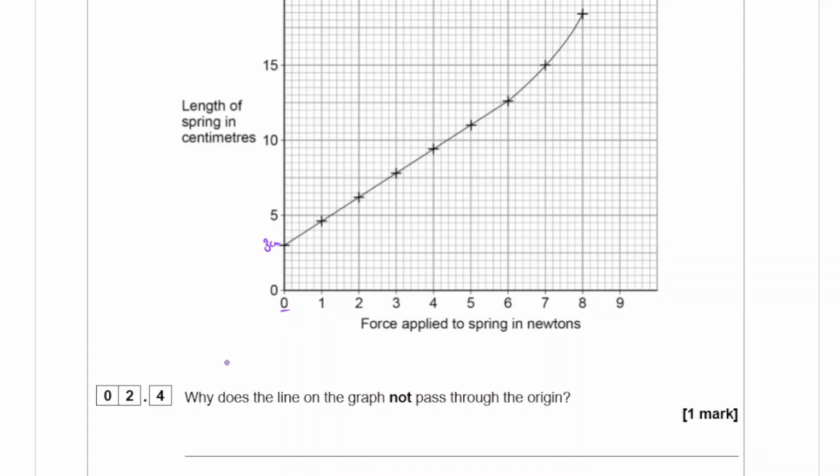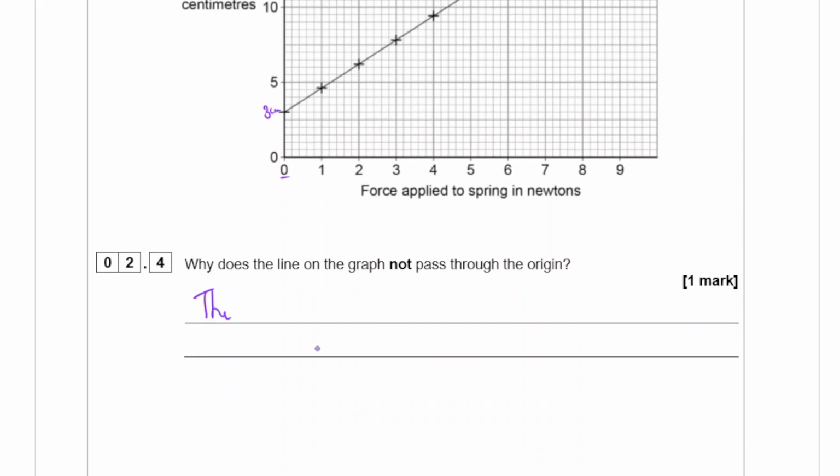So the answer is the initial, or original you could say, length of the spring is not 0.